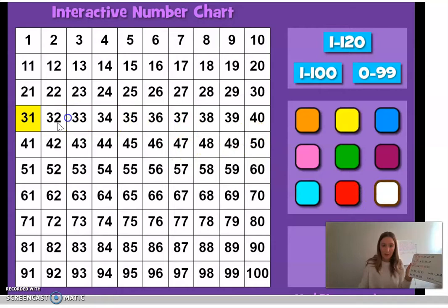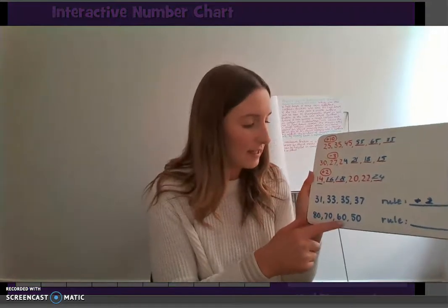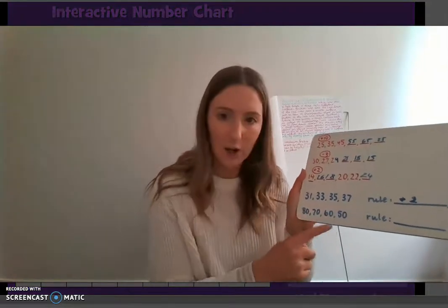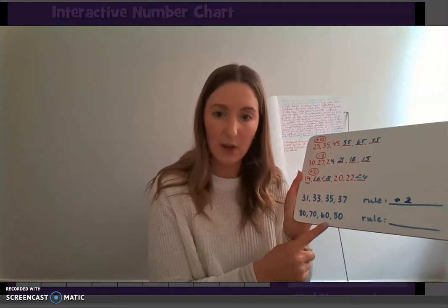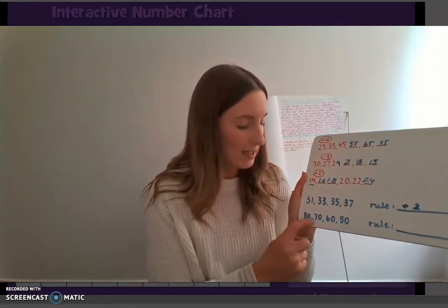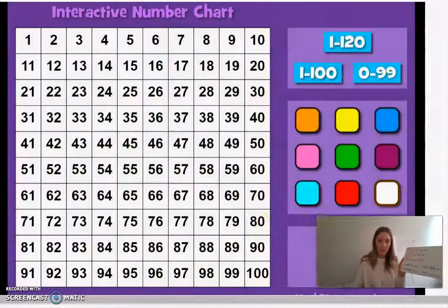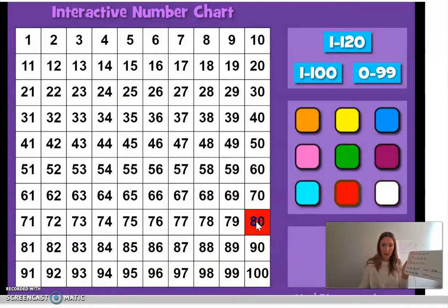All right, my next pattern looks like this. I've got 80, 70, 60, 50. Now I know because my ones place value is staying the same, it's in the zeros, and my tens number is decreasing by 1 each time. I think I might know what it is, but let's use this as well. 80, 70, 60, 50.